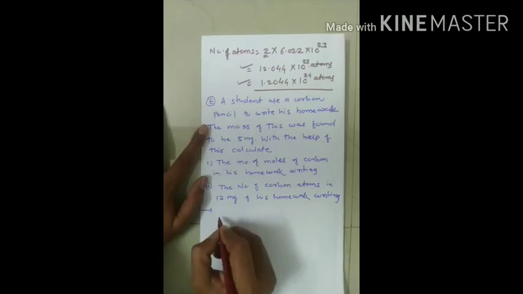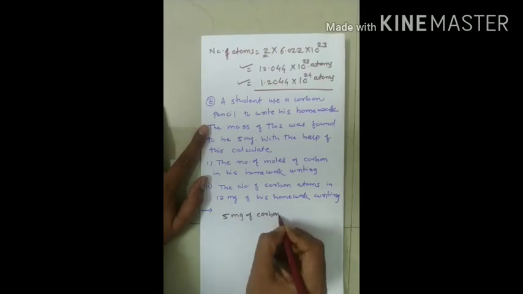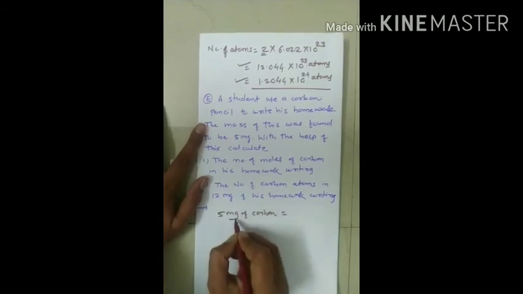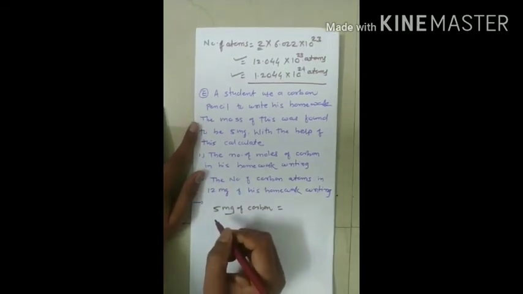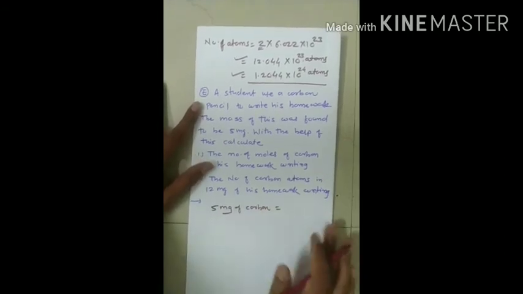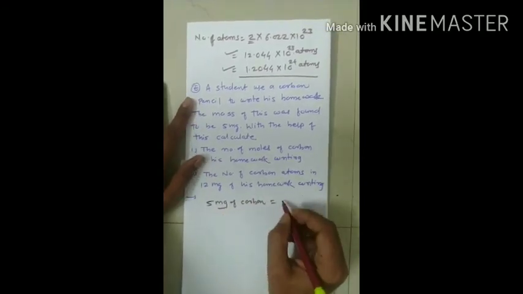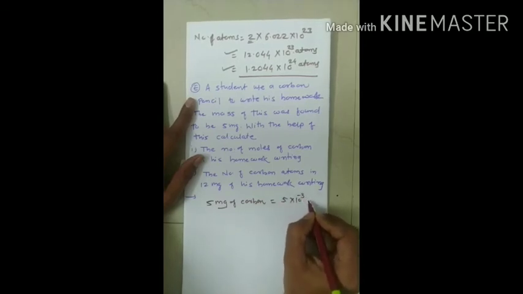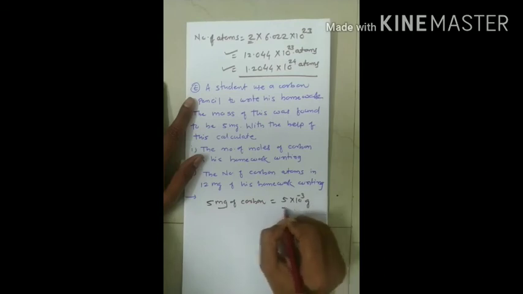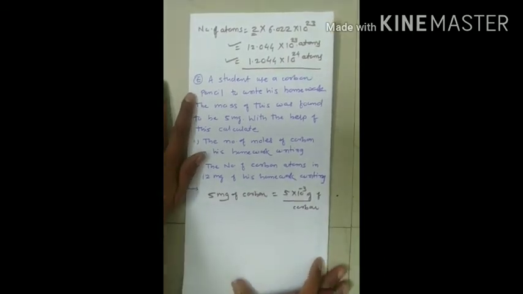We first have to convert this into grams, because generally we get the molar mass in terms of gram, not in terms of milligram. So we will convert this milligram into gram. 5 milligram of carbon means 5 into 10 raised to minus 3 gram of carbon. So we just converted this unit from milligram to gram.